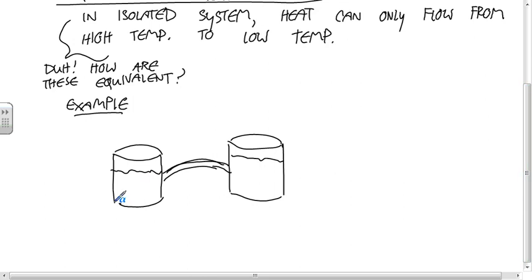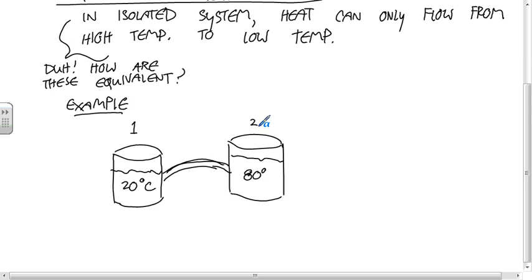And let's say that this one is at 20 degrees Celsius and this one is at 80 degrees Celsius. Okay? And let's call the water over here body 1, and the water over here body 2.